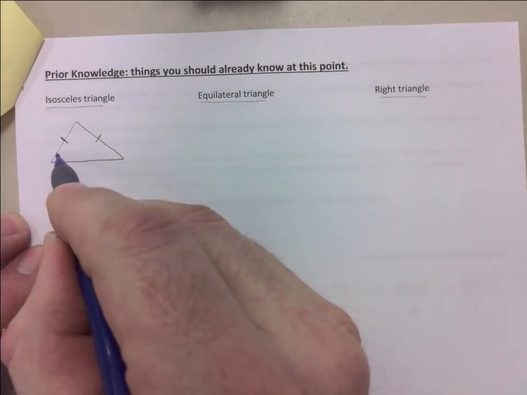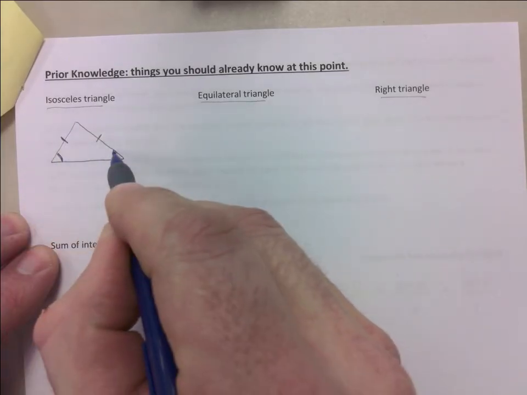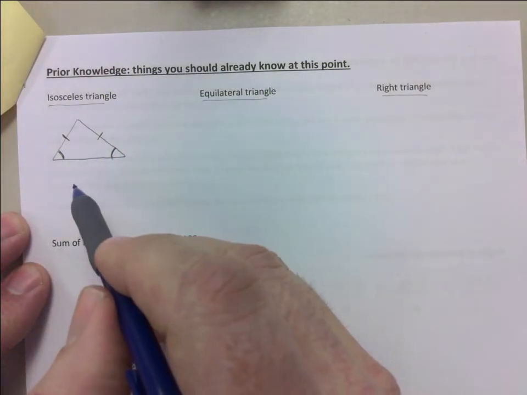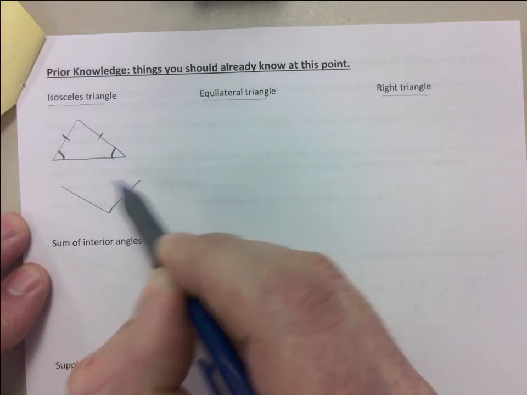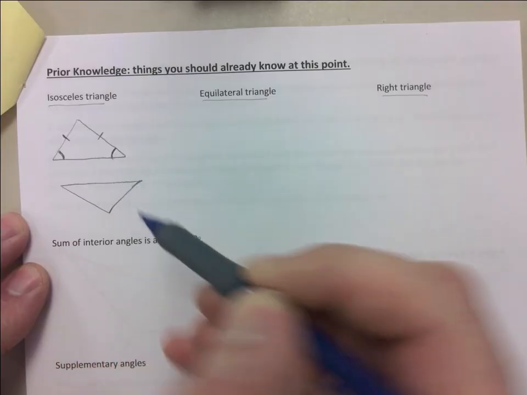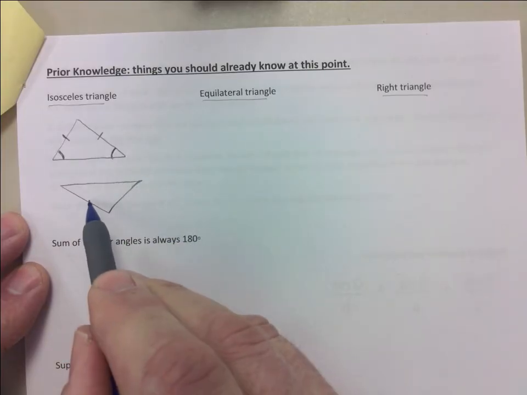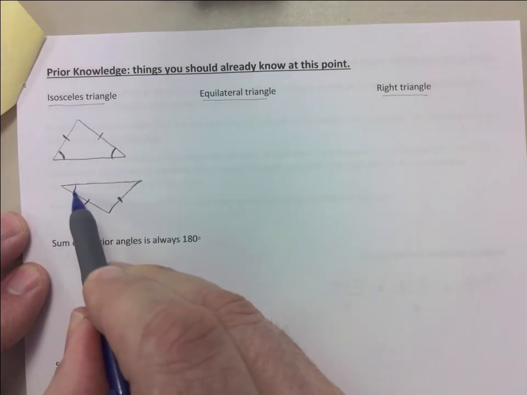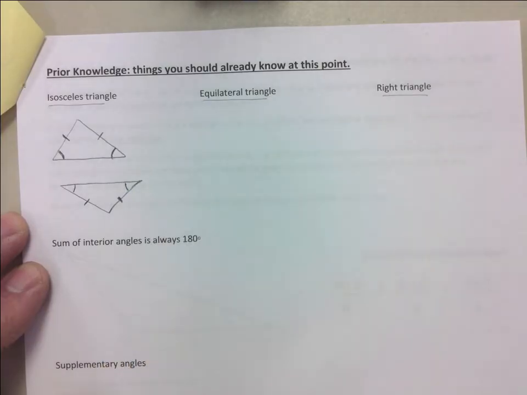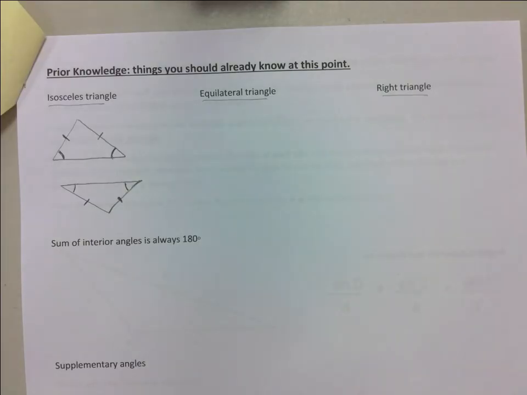It's going to be the angles across those 2 sides. So for example, if you have a triangle like this, and I tell you that these 2 sides are the same, then you know that that angle and that angle are going to be the same.